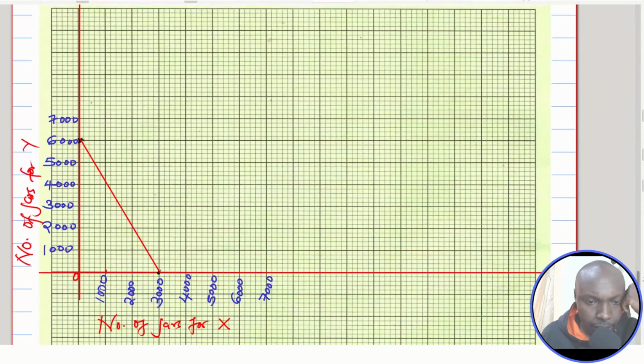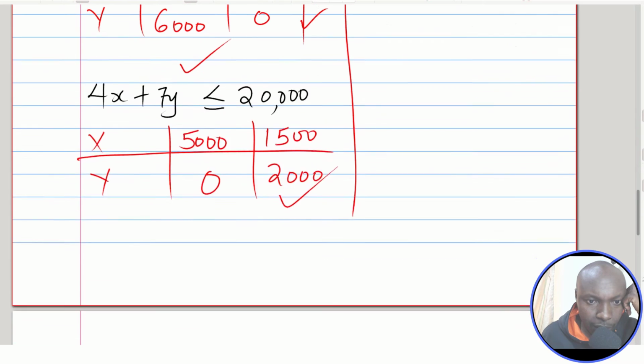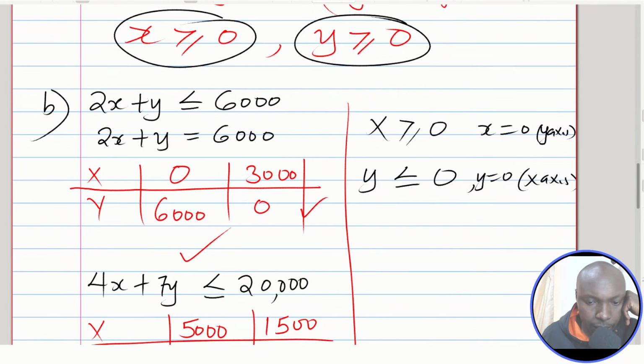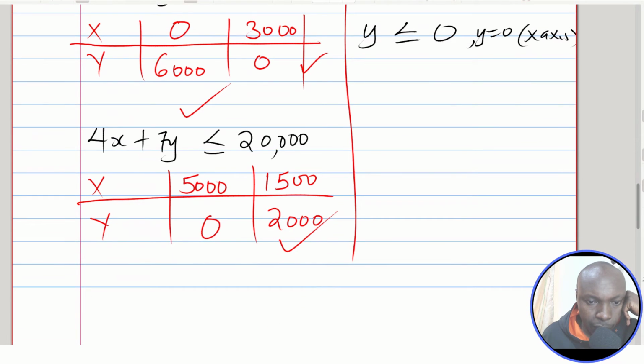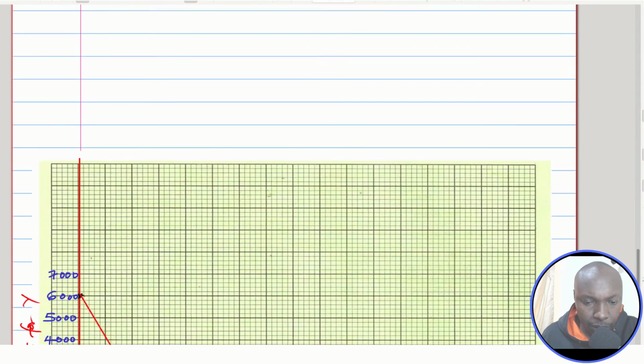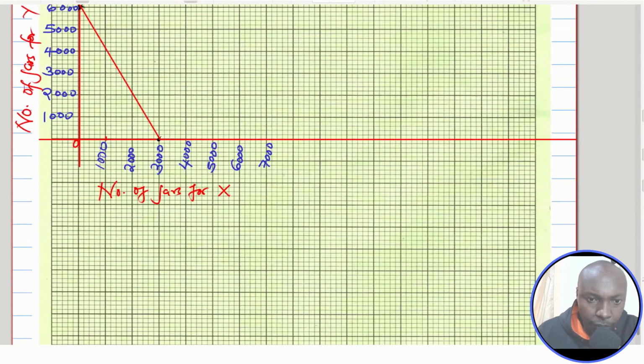Then the other line that you need to draw will be a continuous line, since you can see it is less than or equal to. The other one is 4x plus 7y less than or equal to 20,000. So 5,000, 0 will be here.